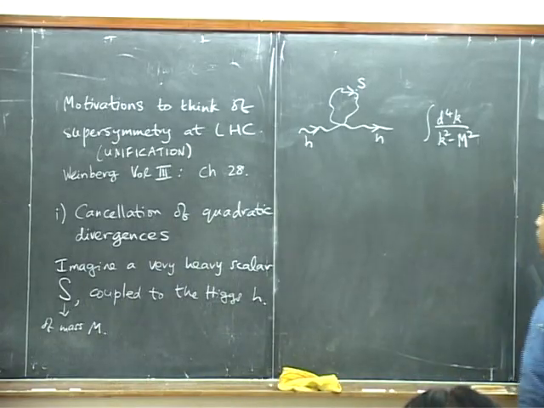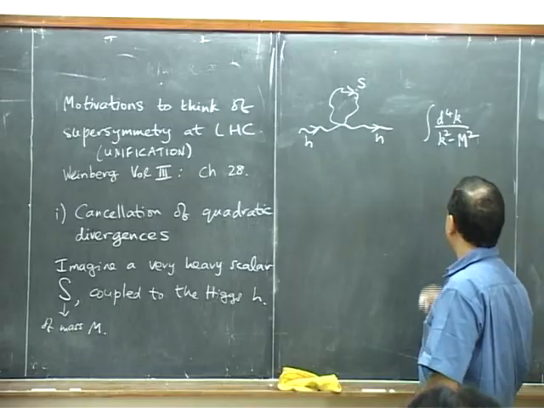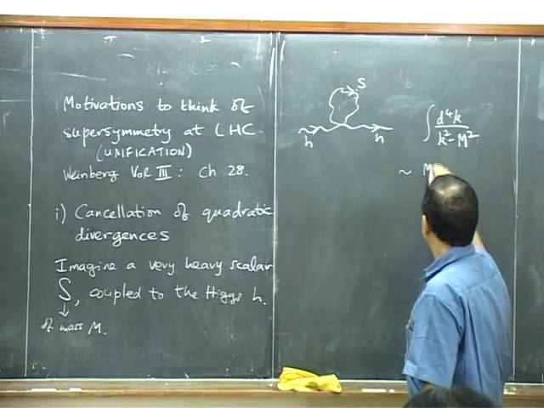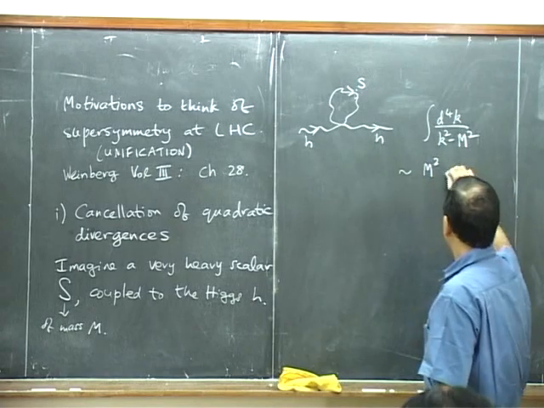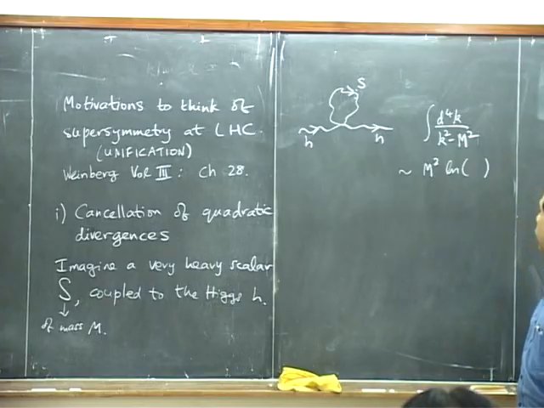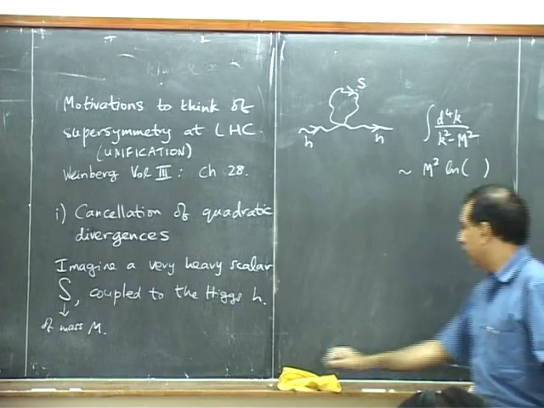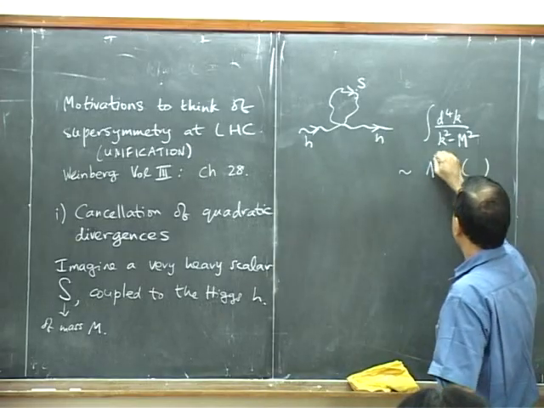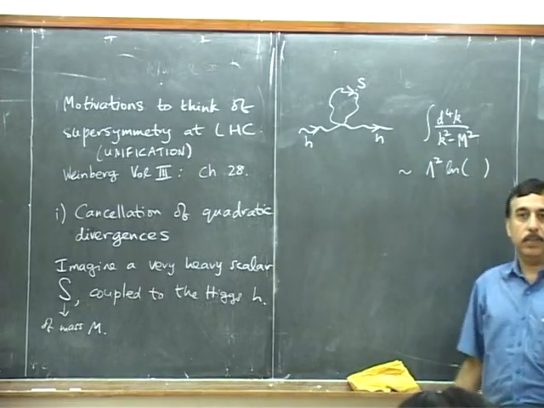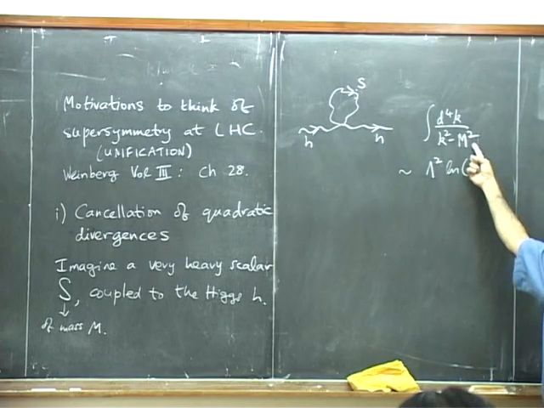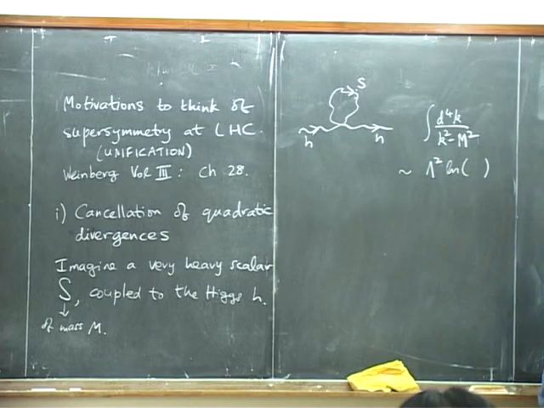And if you evaluate this thing in the usual ways, you'll find that there is a term proportional to M squared times some logarithmic, or actually more precisely, if you evaluate this with the cutoff, you'll find that there's a term proportional to lambda squared, which is the cutoff, and the natural value of lambda will be this M when you renormalize this theory.